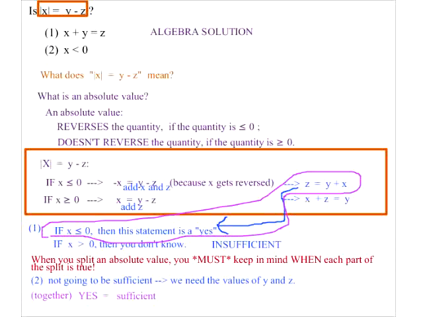So basically what I want you to realize is this. Algebraic approaches versus plugging. The first point, the most important point, is that you need both. You cannot rely on just one or the other.